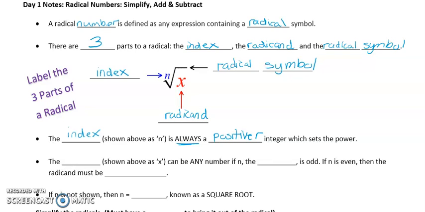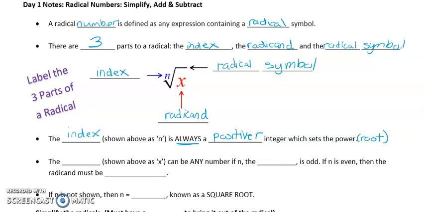It will always be a positive integer. This sets our power, or what we call our root. Okay, I'm going to put root in parentheses because sometimes we call it a root, not a power. Okay, so we're looking at that number. We're taking the second root, the third root, the fourth root, etc.